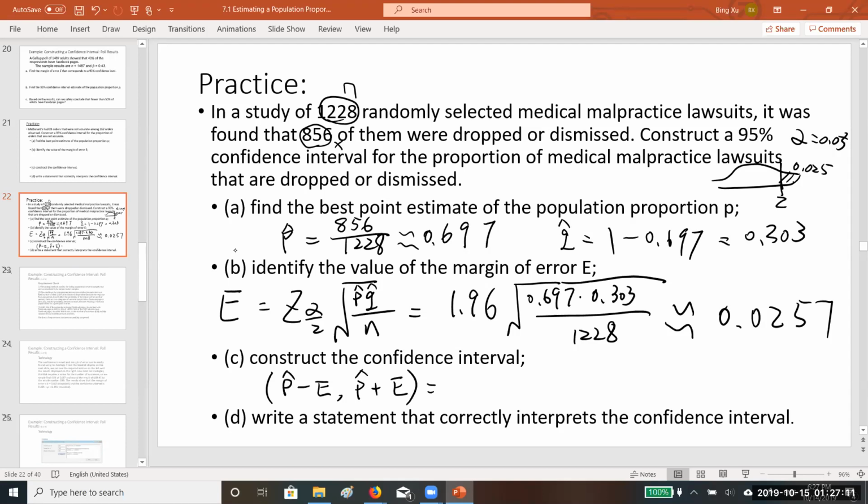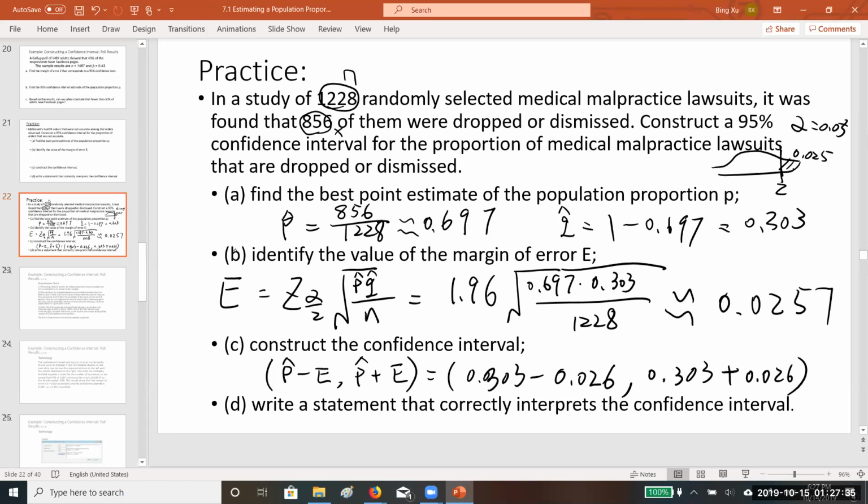Which is just whatever 0.303, which is our P hat, minus 0.026, I'll estimate it to, and 0.303 plus 0.026, whatever these two numbers are.